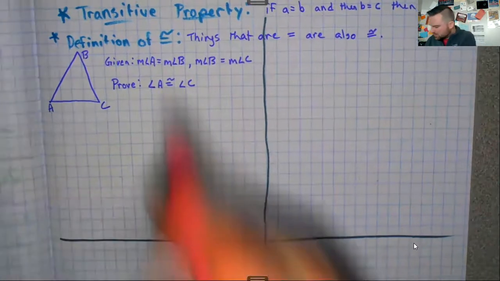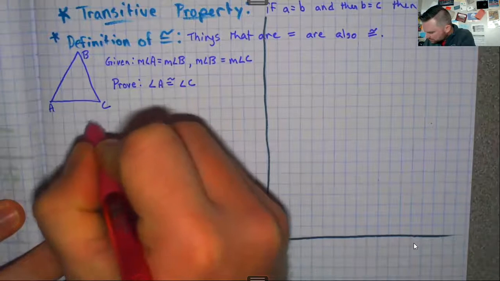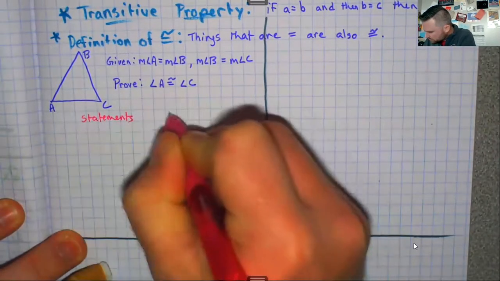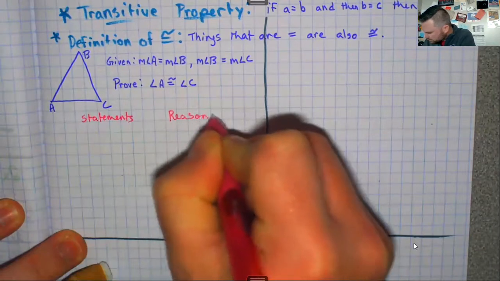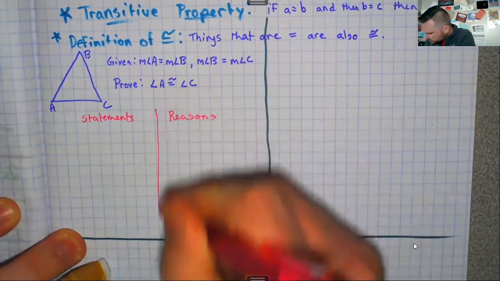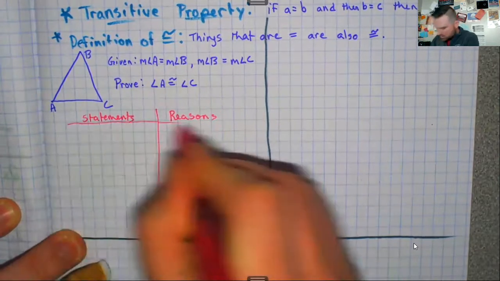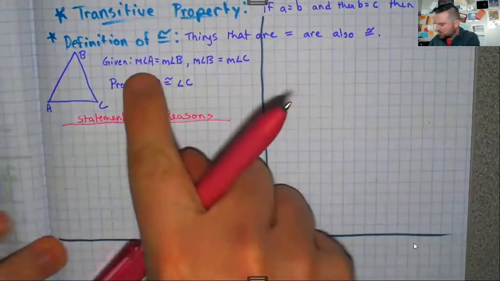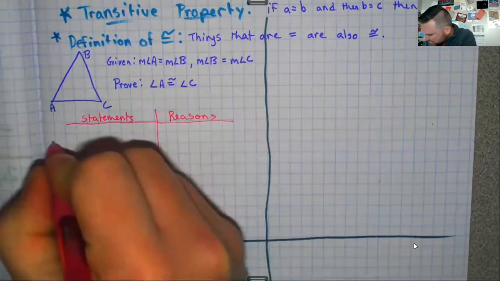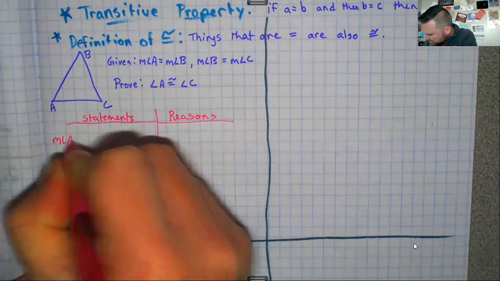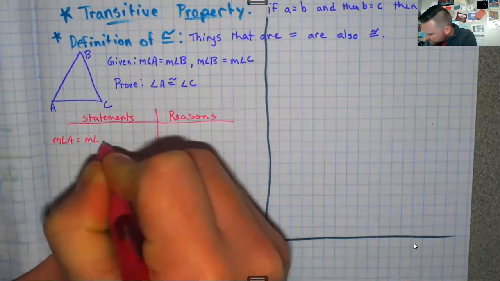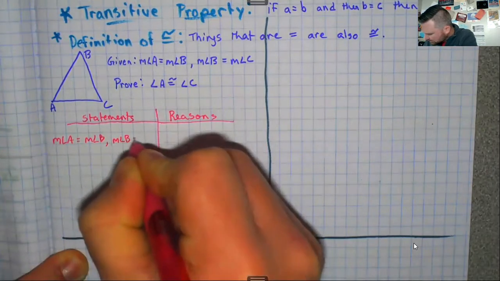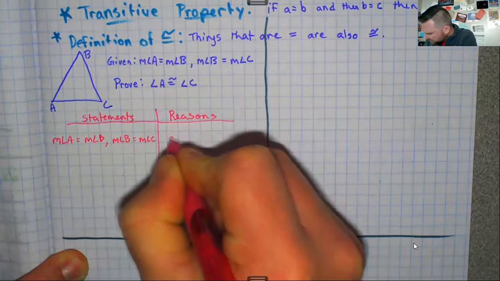So we're still going to have our statements and reasons. And you may not know how many you actually need. So our first statement is right here, what they gave us. So it is the measure of angle A equals the measure of angle B, and the measure of angle B equals the measure of angle C, and that was given.